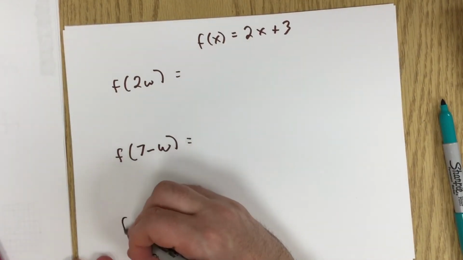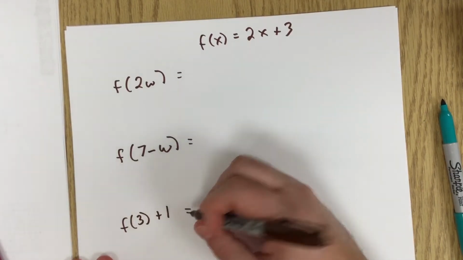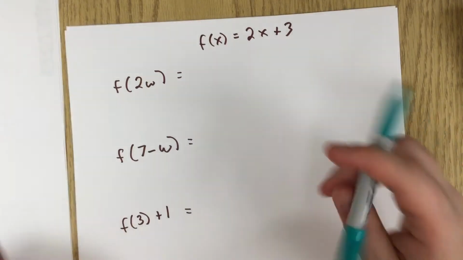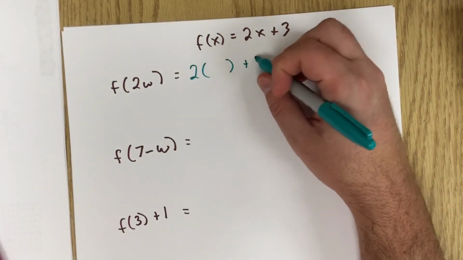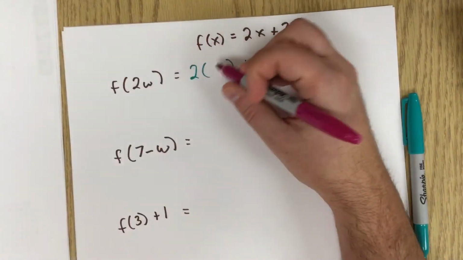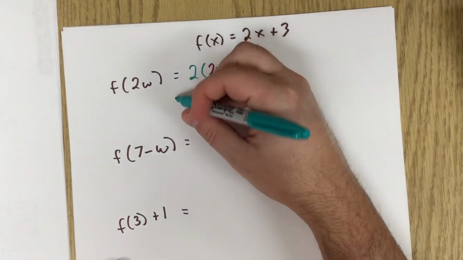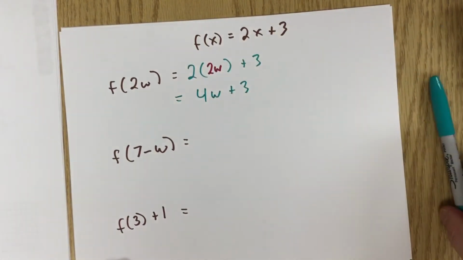And f of 3 plus 1? F of 2w, nothing special going on here. We plug in 2w, and we get 2 times 2w is 4w plus 3.